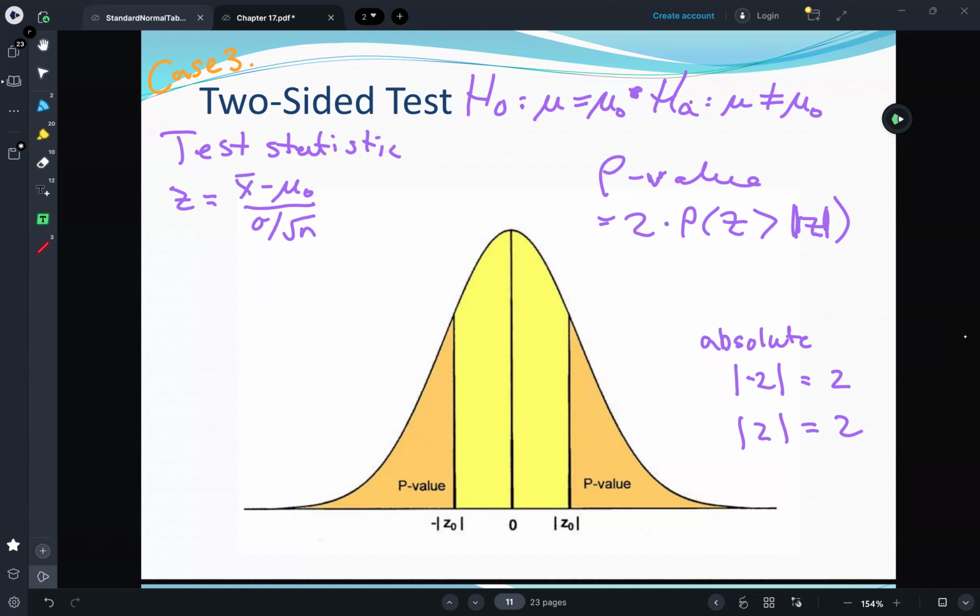So let's say it's -2.13, then you'll plug in +2.13 and then multiply it by 2, and it will give you the area under the curve for greater than Z and for less than Z. When you take the positive and you multiply it by 2, because of the symmetry of the distribution, it works for us. It's handy.